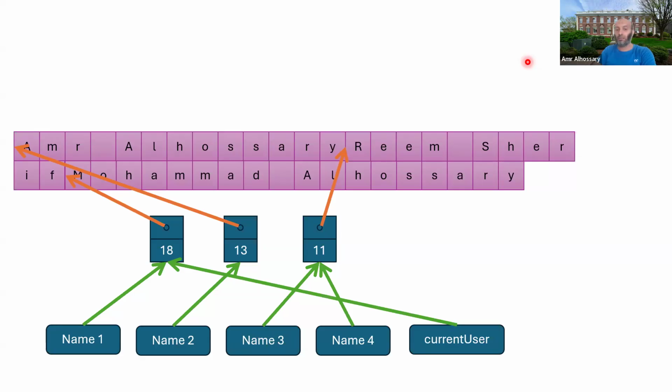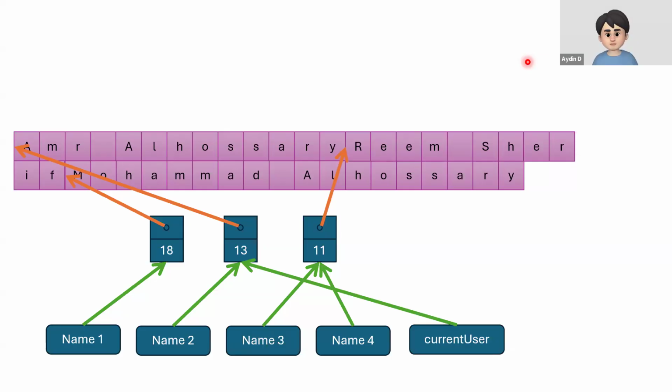After 5 minutes, we'll reassign it to this object, which is Muhammad al-Husari. So the variable can change, but the object and its data do not change, neither in location nor in length. Is that clear?